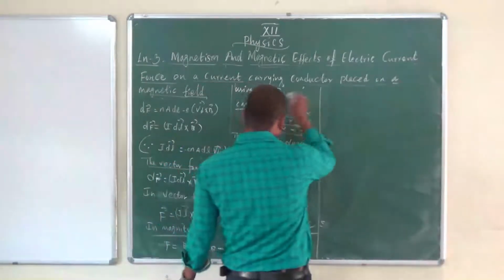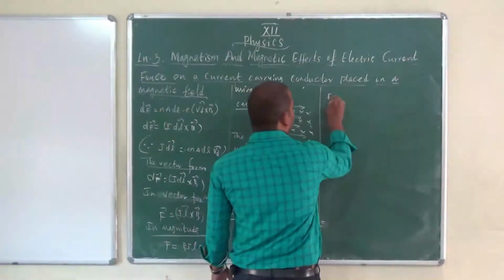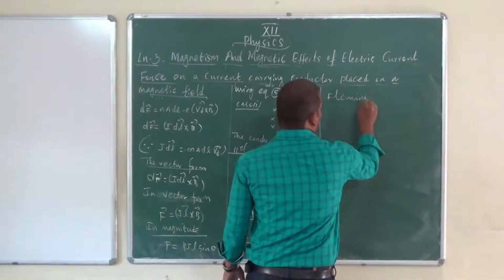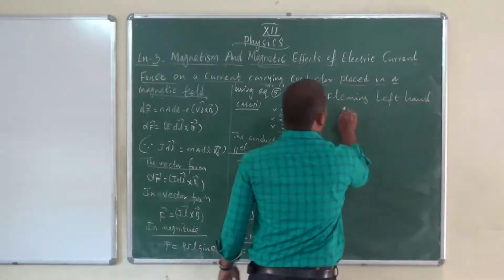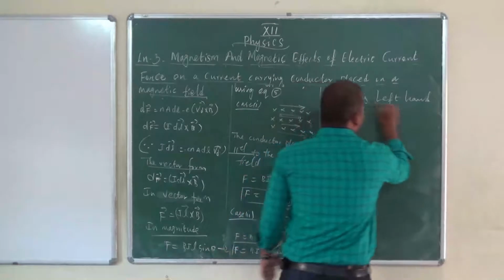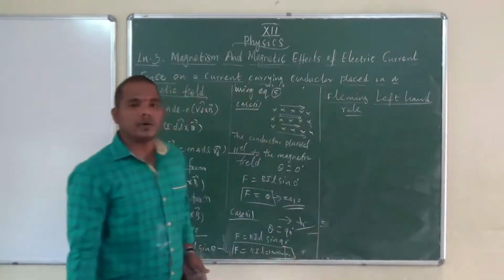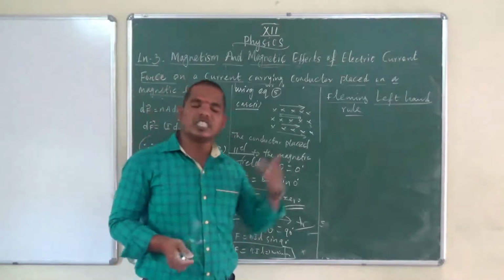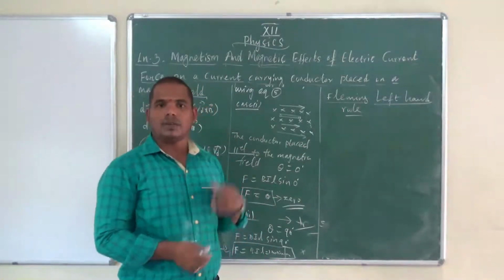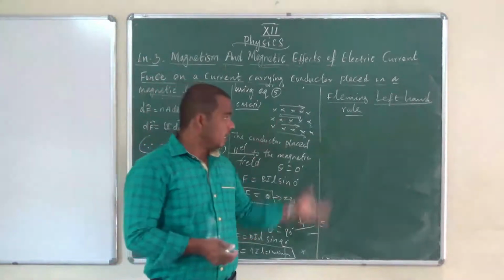Next, using this force, we have to study Fleming left hand rule. In the 10th standard itself, you studied, I hope, Fleming left hand and right hand rule. Fleming left hand rule is used in motors. Fleming right hand rule is used in the generator.